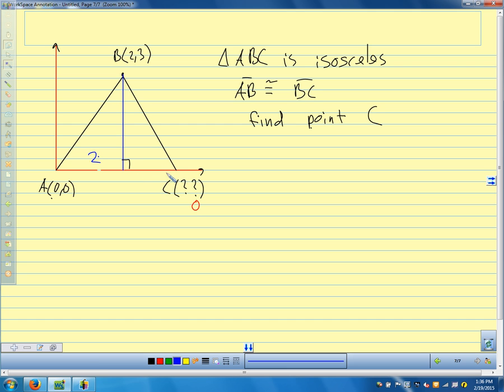What does that make that length? 4. That makes that length 2, and it makes a total 4. So that would be 4, 0. Similar kind of idea. All right, nice catch.